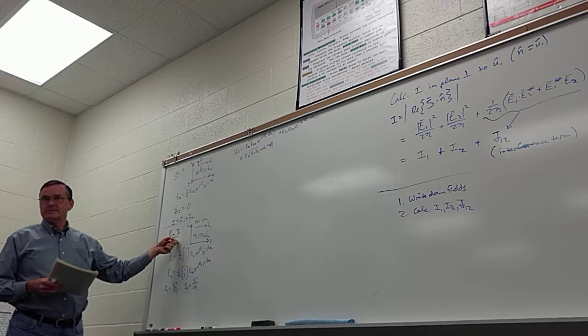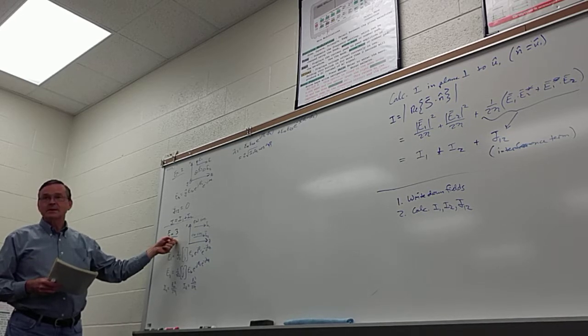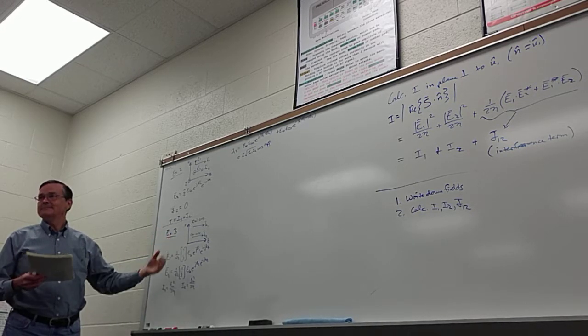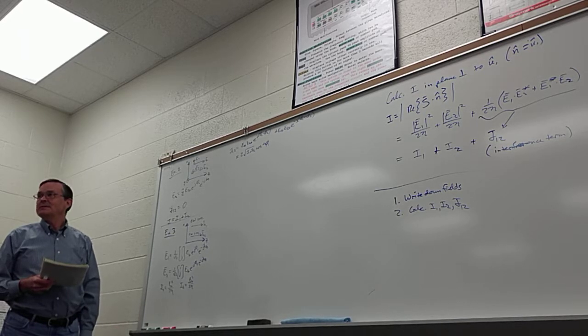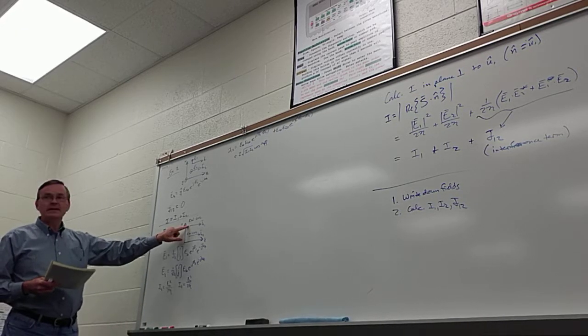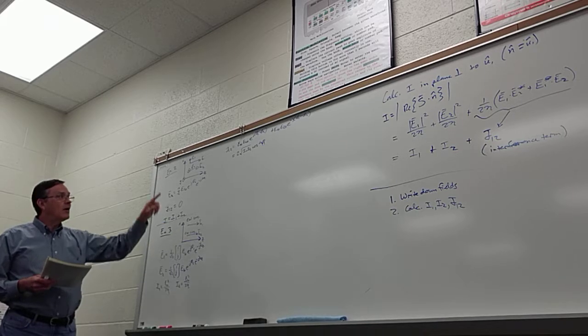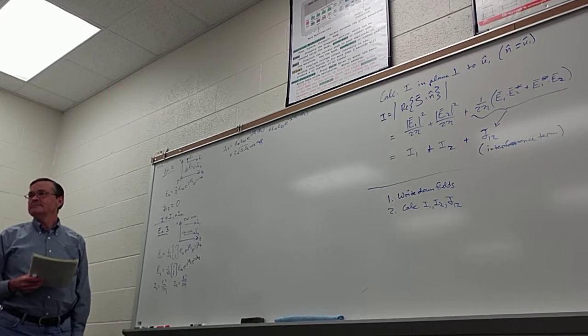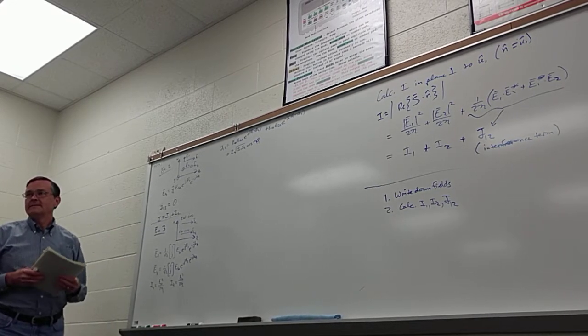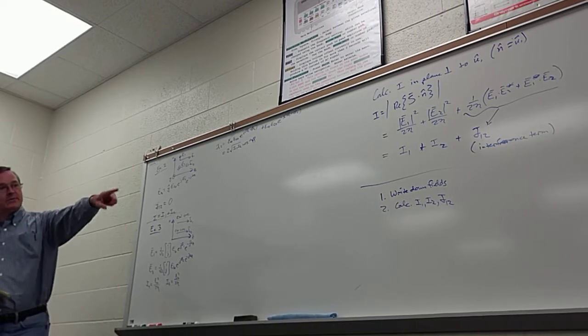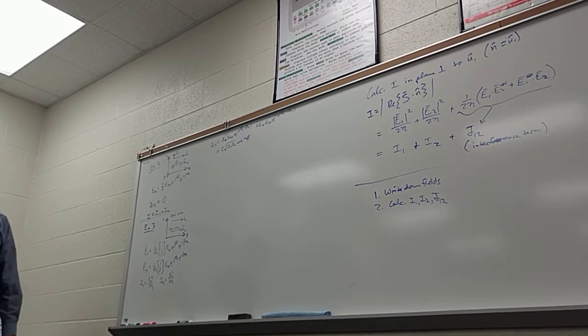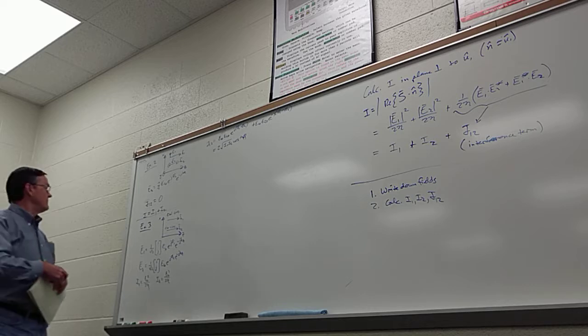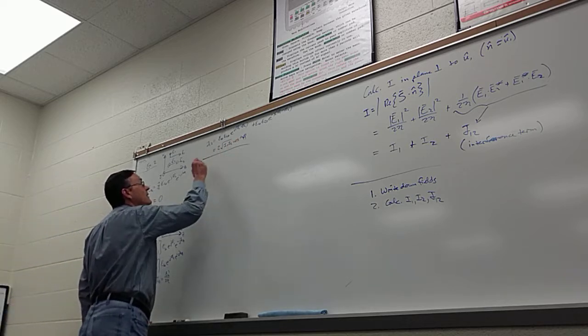Same polarization, which gives me the same result. It doesn't matter what the polarization state is, if it's the same, I always get this result. So everything we just said over there still pertains. Okay, let's do another example.